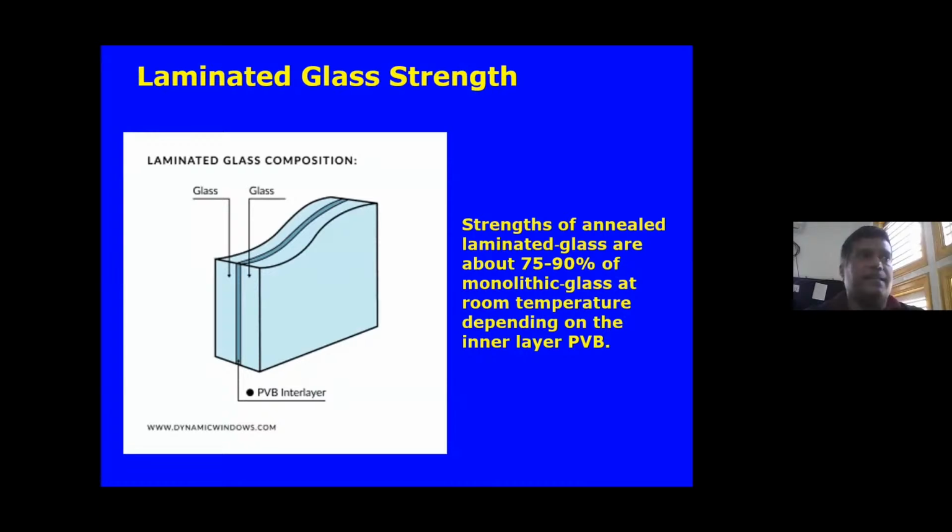So if you're using two 10 mm glasses, what you could use at maximum is only about 75%. 75% is a good conservative estimate for design of glasses. And the reason it is only 75% is because of this inner layer PVB. This does not have the full shear transfer, and depending on the shear transfer of the PVB, glass gets its strength. So using 75% is the maximum criteria for design of laminated glass.